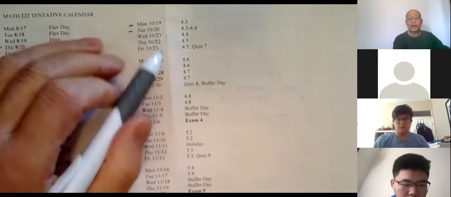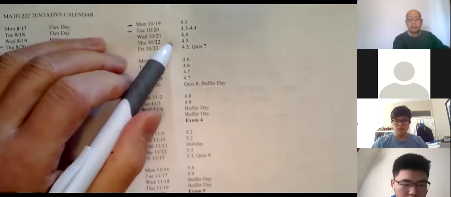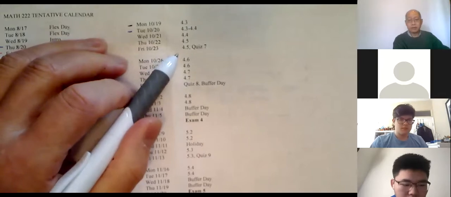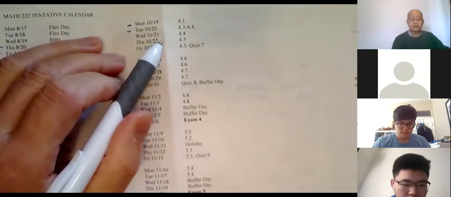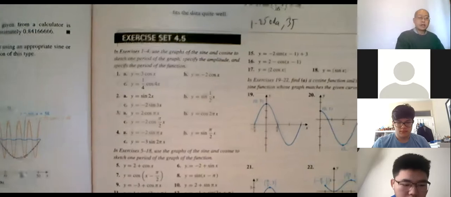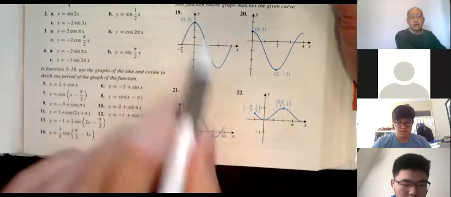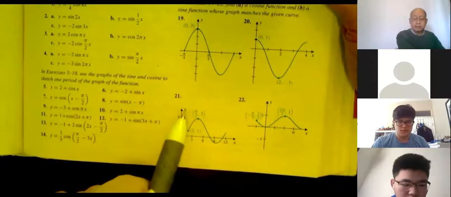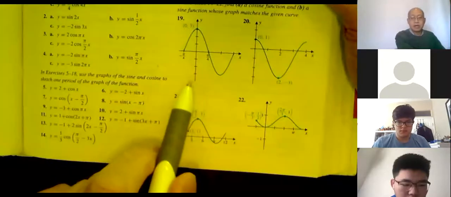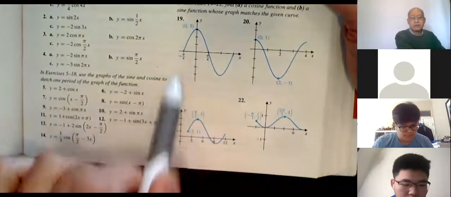So again, I'm way ahead. I'll be finished with 4.5 tomorrow. So we're going to be good for that. Okay, and again, for the quiz, I'm very much leaning toward for Friday's quiz, which is still a long ways away. I will give you a graph, something like this, and I'll say, what is the cosine or sine function? So you have to analyze what's the amplitude, what's the period, and so on, stuff like that.